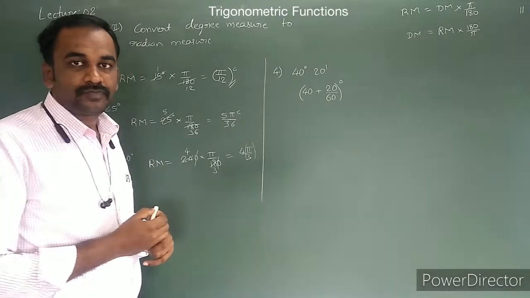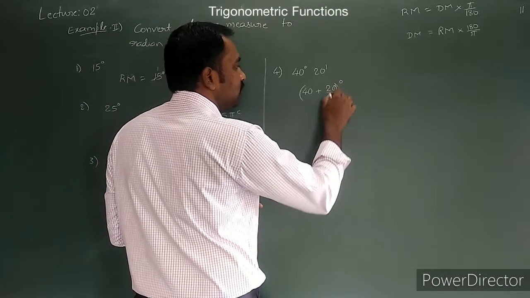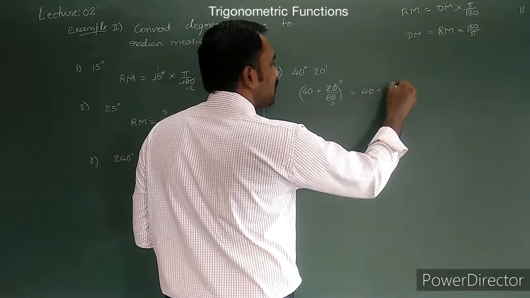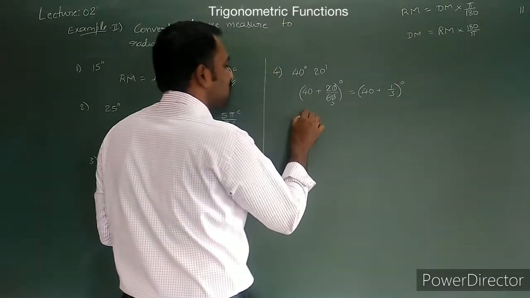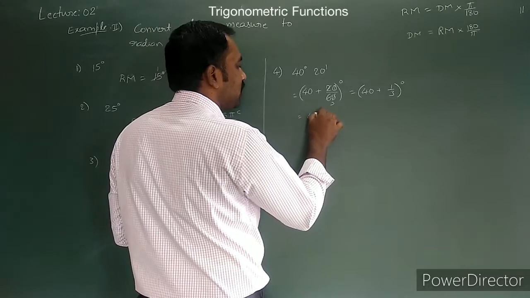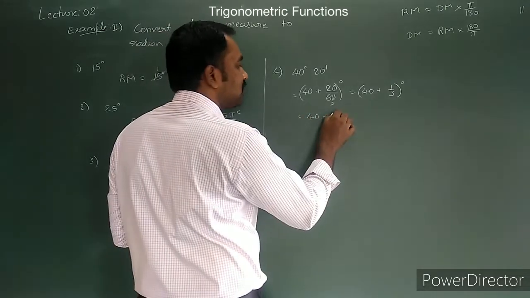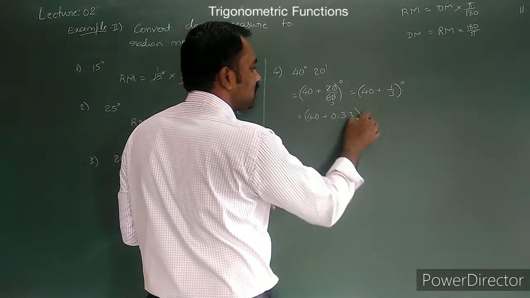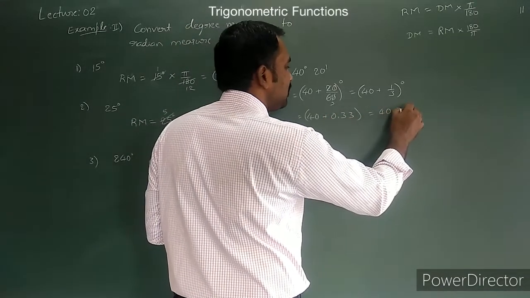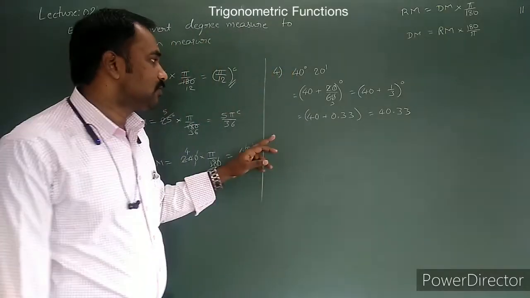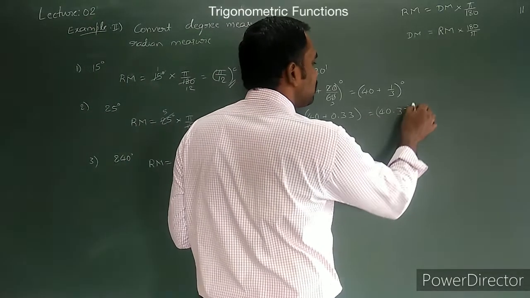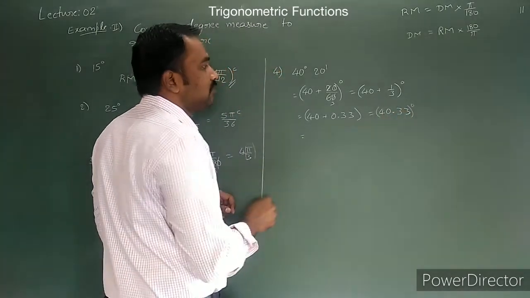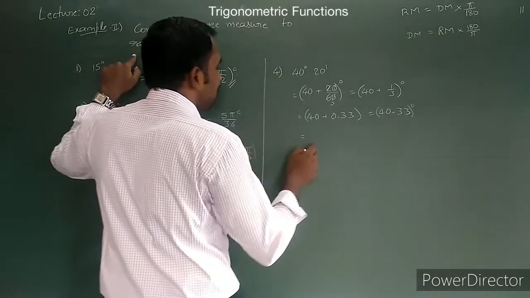Are you clear? Okay. Now 2, 3. So that will get 40 plus 1 divided by 3 degree. What is 40 plus 1 by 3? 1 by 3 is 0.33. So this is nothing but 40.33. 40.33 is purely in terms of degree we have converted. Now this is simplified. We have to get the radian measure.